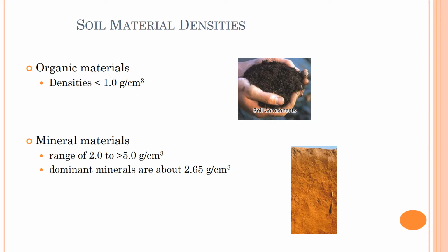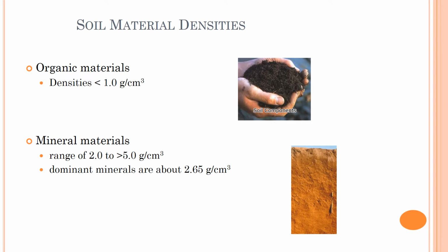So when we start talking about soil material densities, I want you to understand that organic materials have much less density, which is why they feel so fluffy. Whereas mineral materials have a range of 2 to 5 grams per centimeter cubed in density. But what we're going to use for soil particle density is 2.65 grams per centimeter cubed. So this is our constant for this class.